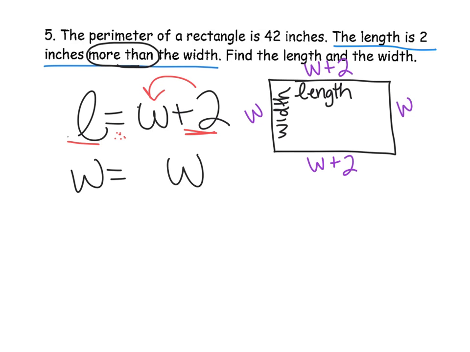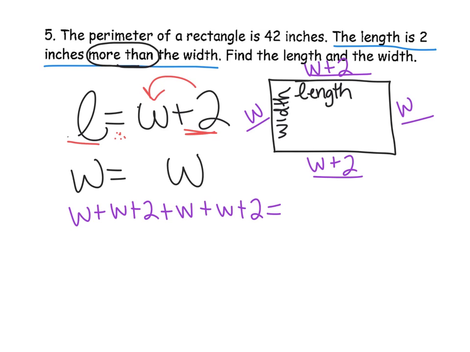That's very important. So now perimeter, add up all the sides, and the perimeter is 42. I need to add up all 4 sides and it makes 42. I'm going to write that in a long equation. One side plus another side plus the third side plus the fourth side is equal sign 42.